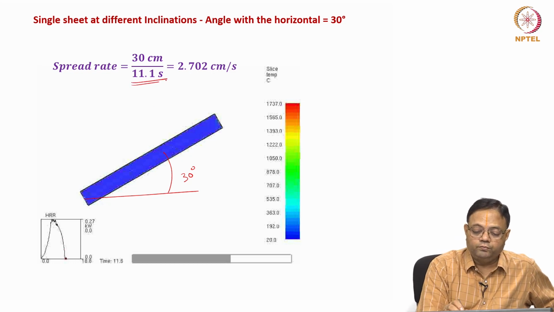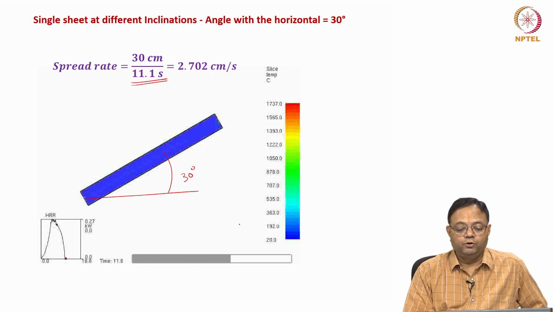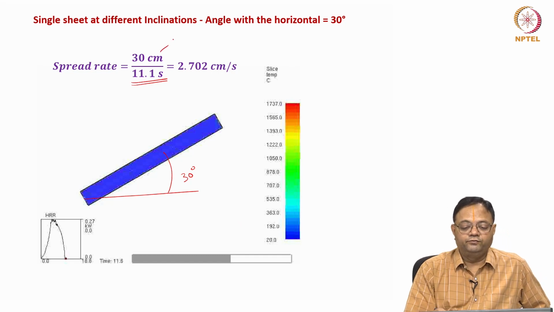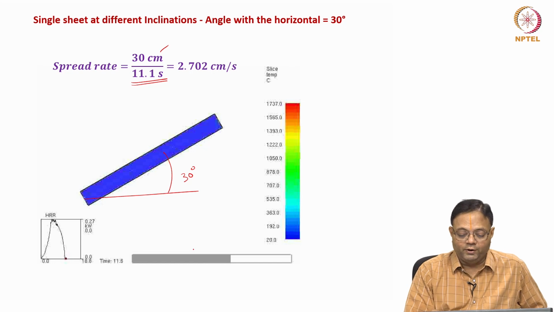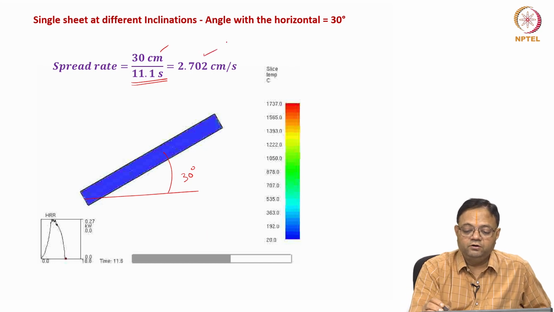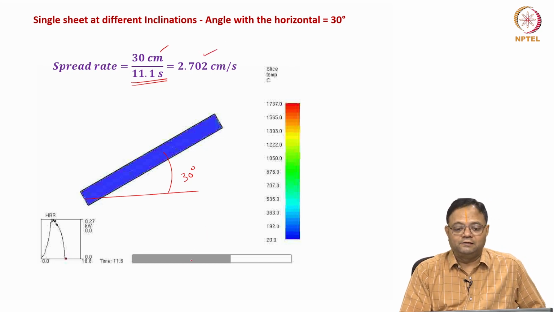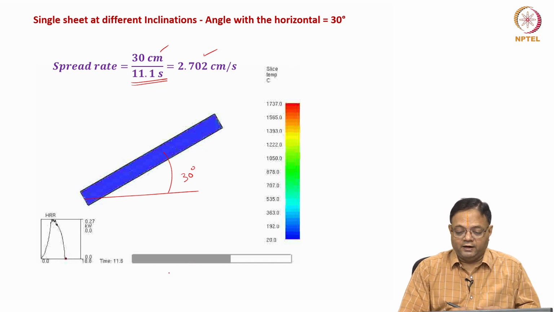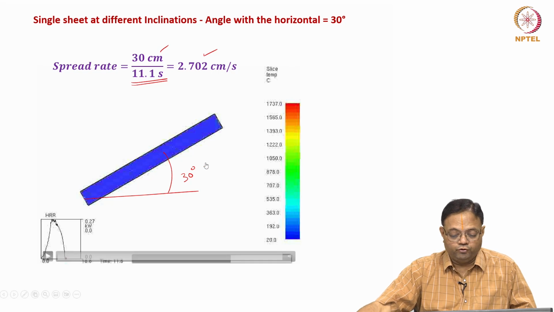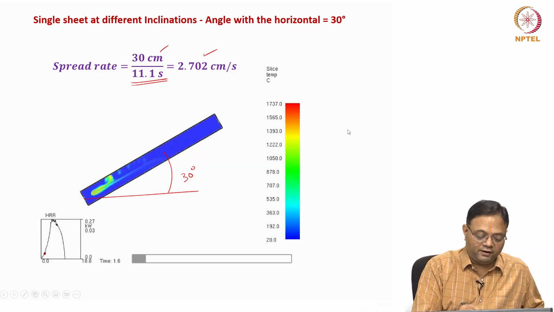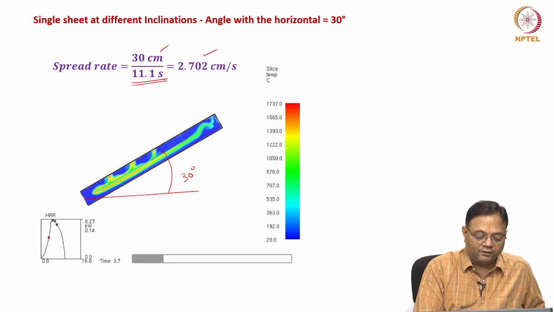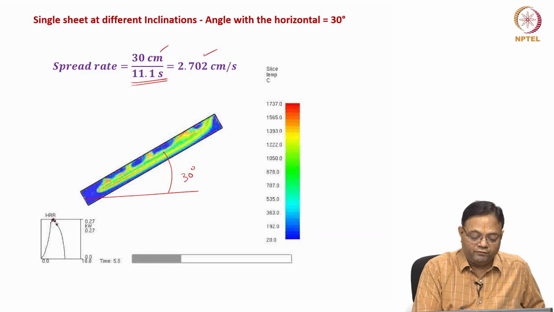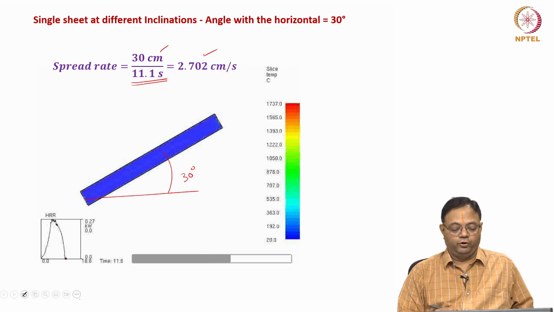It takes about 11.1 seconds to spread over the 30 centimeter thin sheet and consume it. So the average flame spread velocity decreases now to 2.7 centimeter per second. The heat release rate is also shown here. A similar trend: it increases, reaches a maximum very fast, then as the fuel is consumed, it drops rapidly to 0.